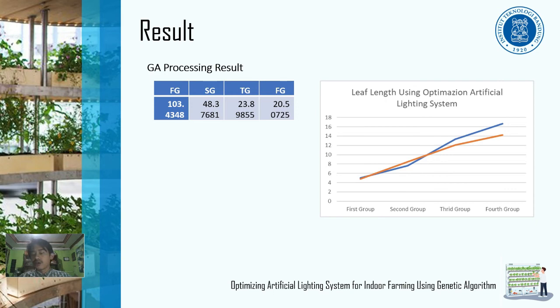For the third and fourth groups, there is a dropping point from 18 centimeters to 14 centimeters. This is because of a misconfiguration of the third and fourth groups. Before, the third group was 25 centimeters and the fourth group was 20 centimeters.